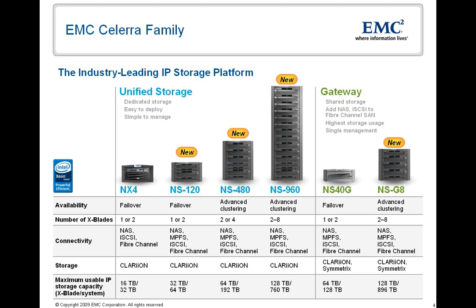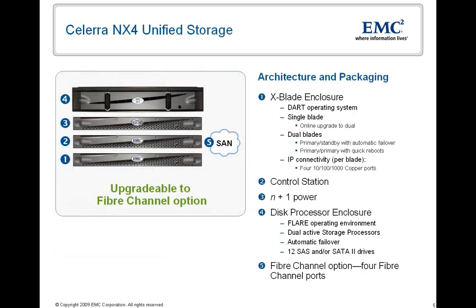Okay, so let's dive into some components because it'll be important as we focus in on the demo when we transition into the demo here in just a couple of minutes. This is our entry-level system here, the NX4. You will notice on the next couple of slides the components are essentially the same.